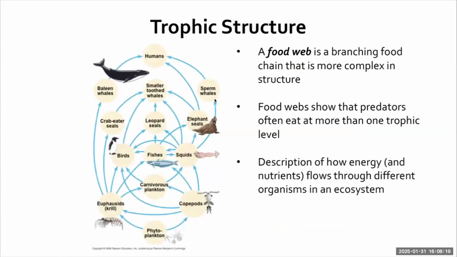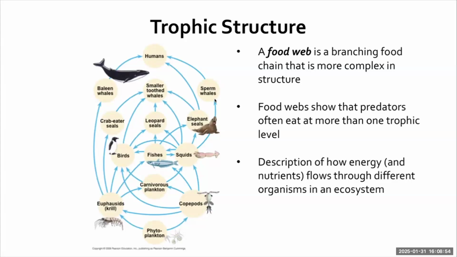Now, in reality, feeding relationships are much more complex. A food web is a version of a food chain that's a bit more realistic in that it shows that most organisms are either being consumed by lots of different organisms or are consuming lots of different organisms. So, for example, you have a variety of organisms in a marine food chain that might feed on the phytoplankton.